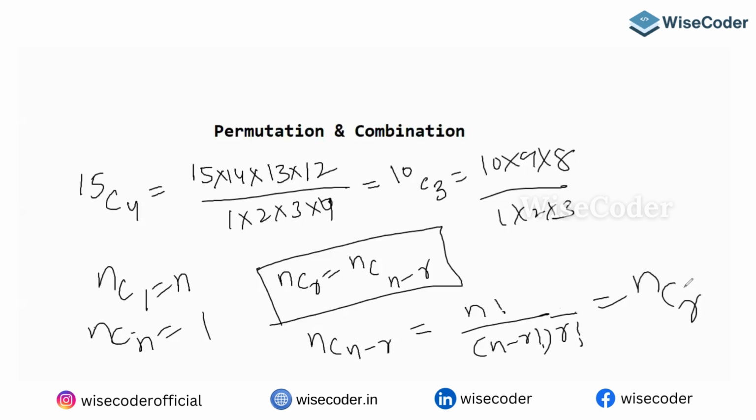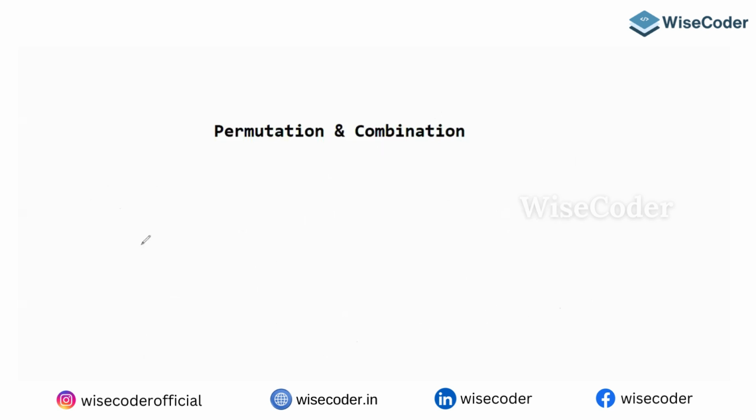How are these two the same? Let's try to understand like this. We have to select 20 people from a group of 25. Out of 25 we need to select 20.